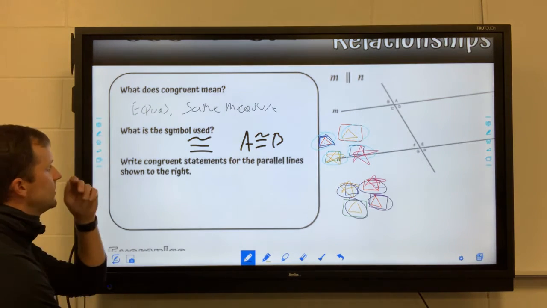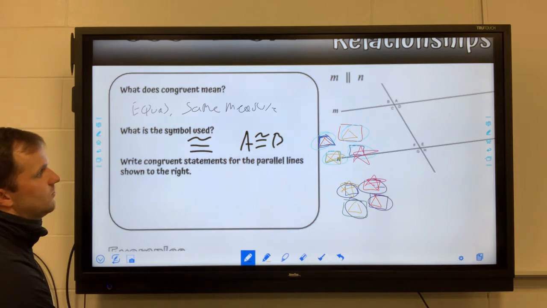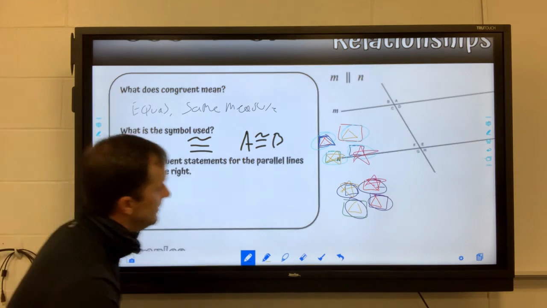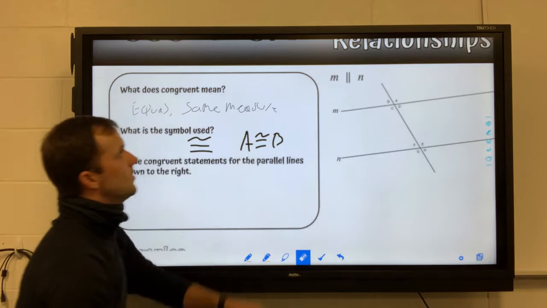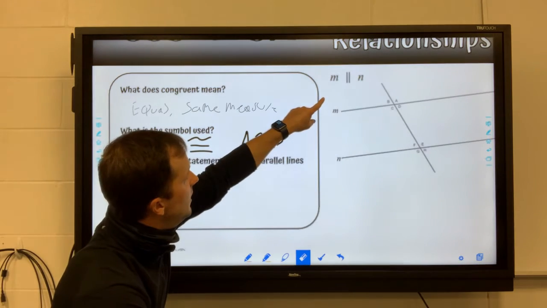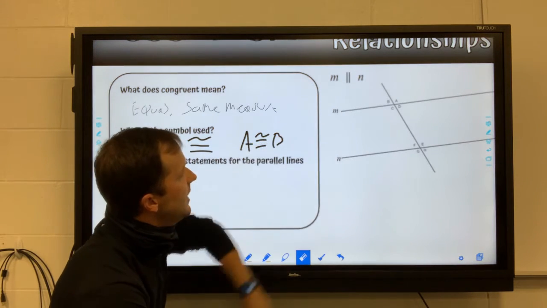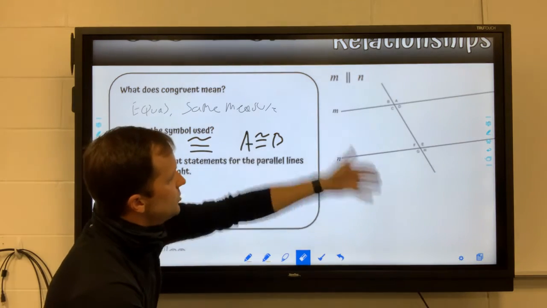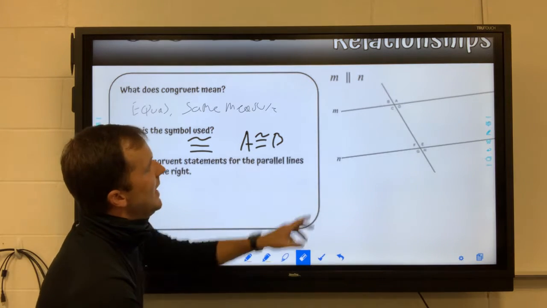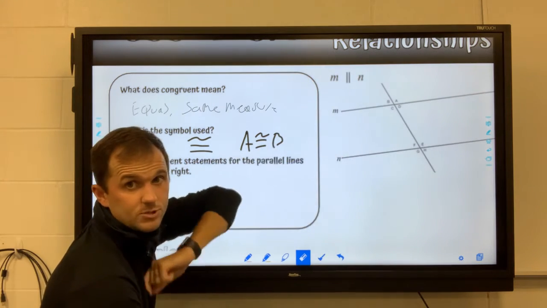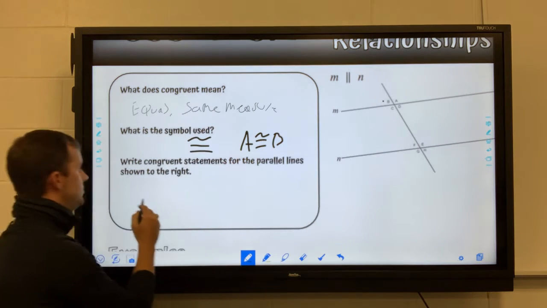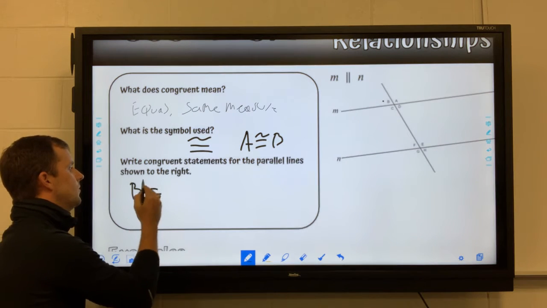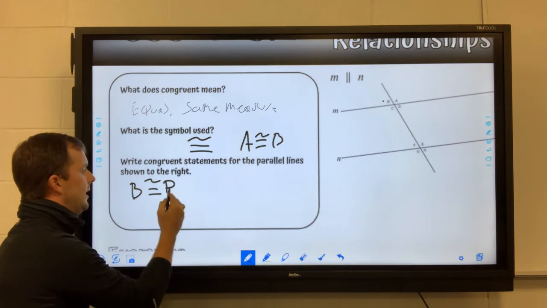Write congruent statements for the parallel lines shown to the right. Wow, we have stuff from the last lesson on here. Okay, I'm erasing that. Right here it says M is parallel to N, and we have the transversal going through it. I know vertical angles are congruent, so B is going to be congruent to D, okay?